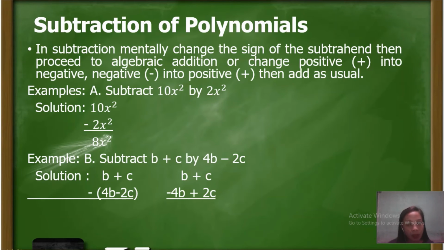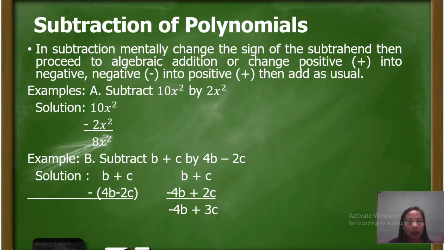So put a minus sign, and then put a parenthesis. Copy 4b minus 2c. Multiply negative times 4b, that is equal to negative 4b. Negative times negative 2c, that is equal to positive 2c. And then simplify.